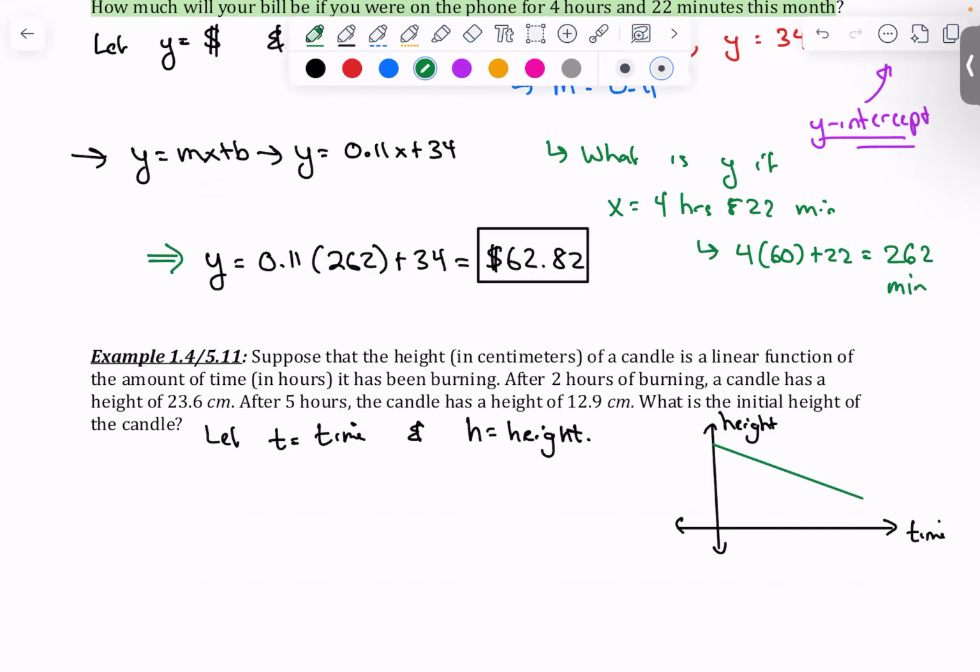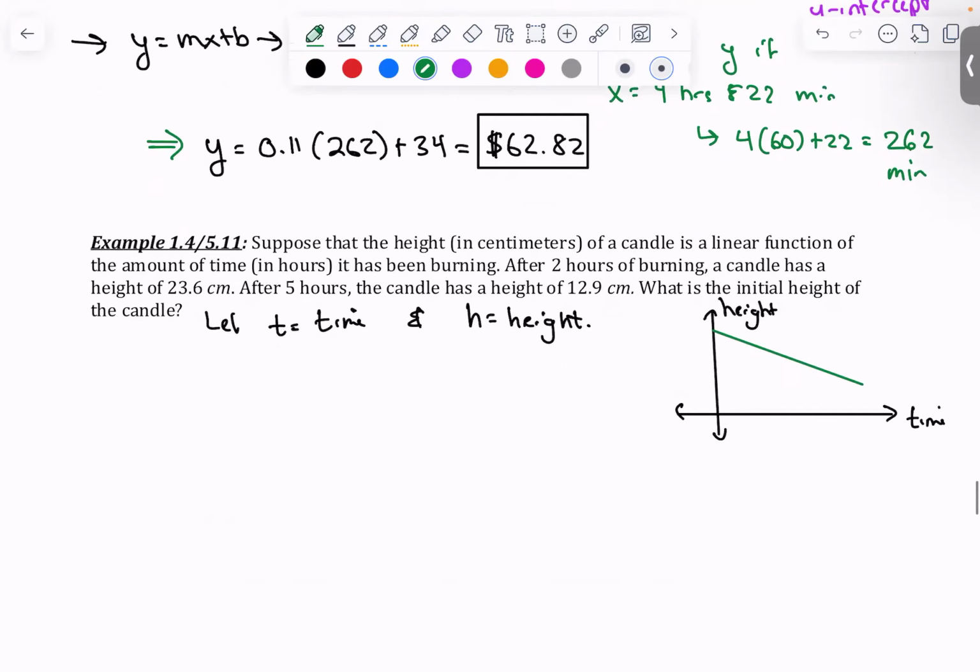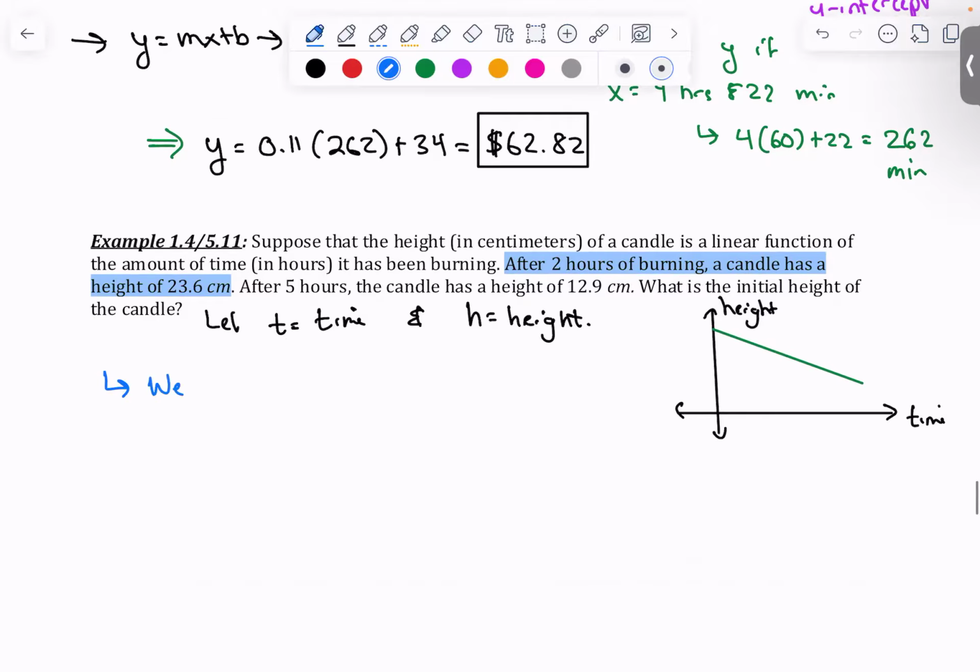But either way, we're given 2 initial conditions. Let's highlight this. The blue, after 2 hours of burning, the candle has a height of 23.6 centimeters. This means from the blue, we have the point (2, 23.6).